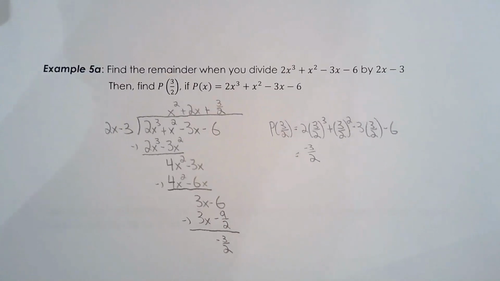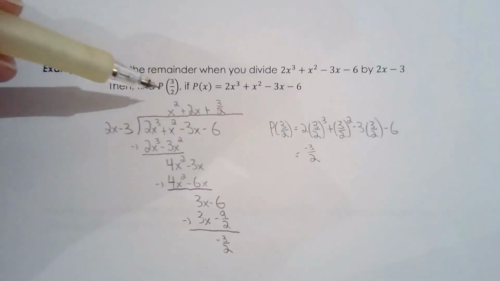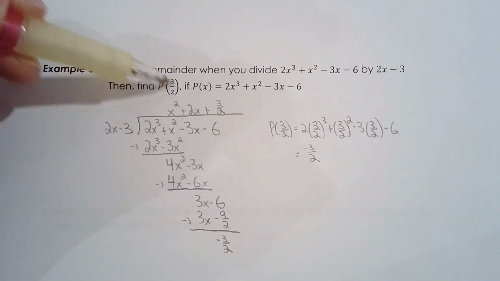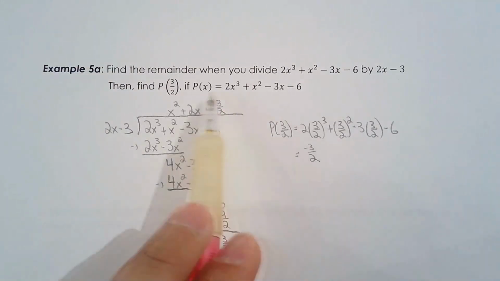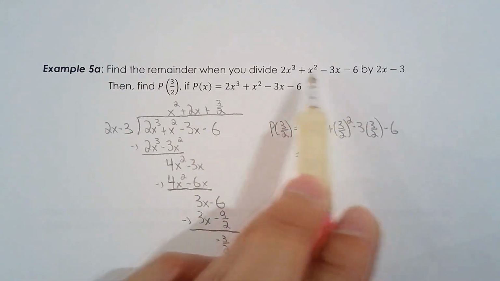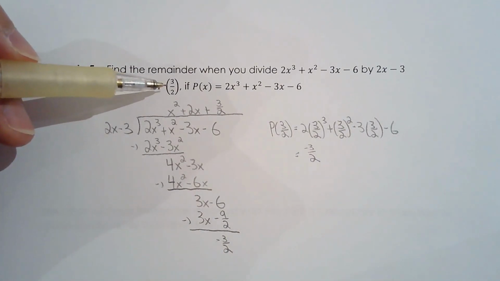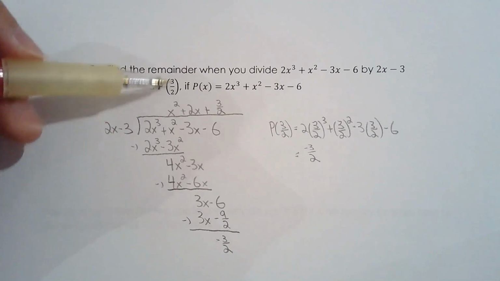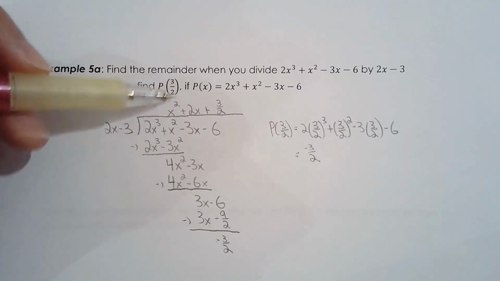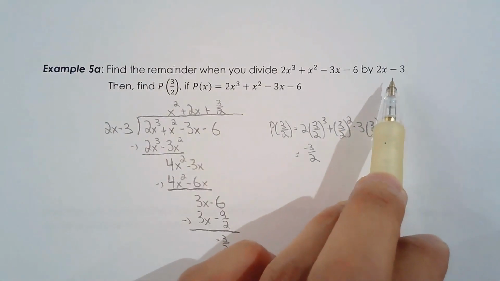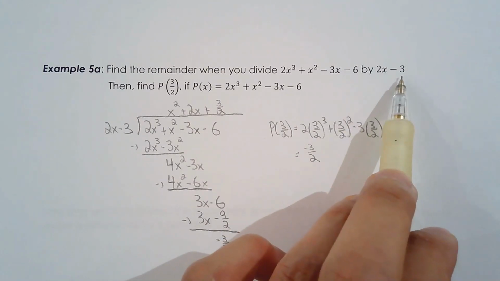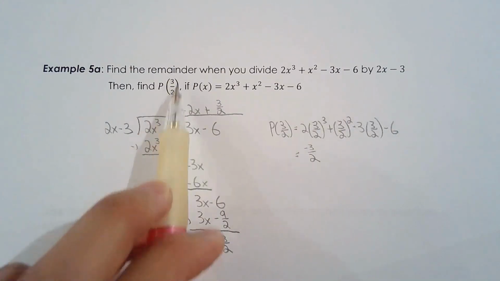Okay, so hopefully you've noticed that this 3 over 2 didn't come out of nowhere. First of all, I already told you that p of x is your dividend. But this 3 over 2, I didn't just randomly pick that number. I picked 3 over 2 because it has a relationship with the divisor. The divisor is 2x minus 3, and I chose 3 over 2.